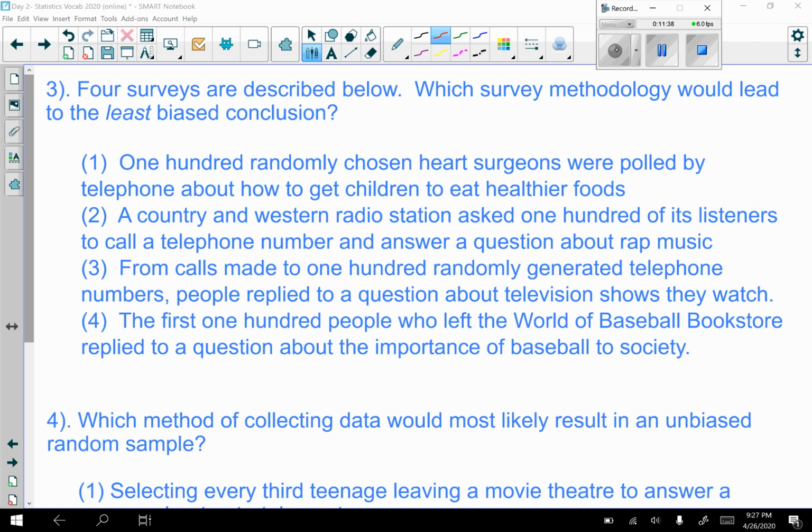So for number 3, hopefully you chose choice 3. From calls made to 100 randomly generated telephone numbers, people replied to a question about television shows they watch. Okay, we have randomly generated, that's good. And what we're sampling about is not having an effect on how we're choosing the sample.